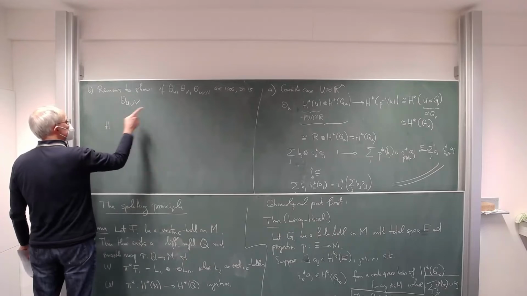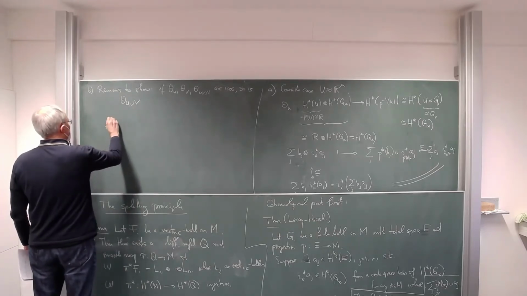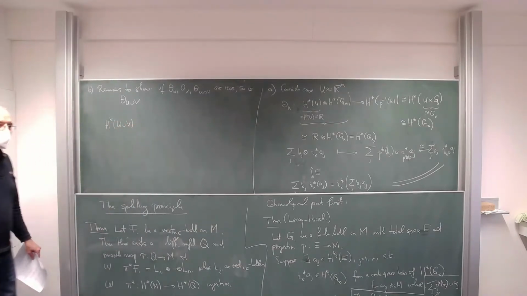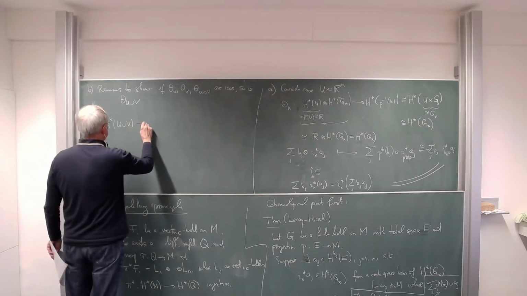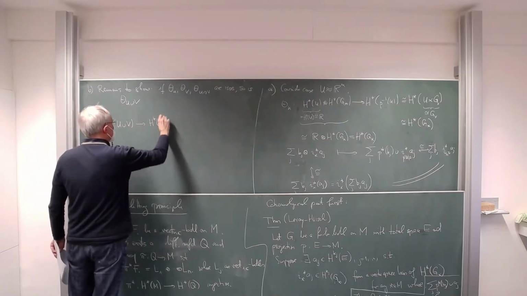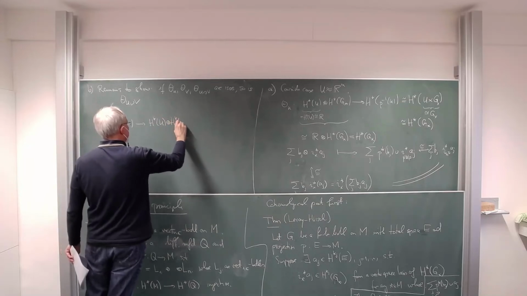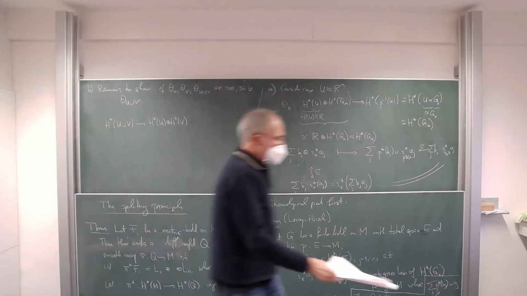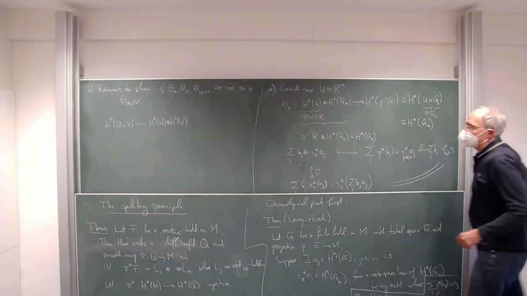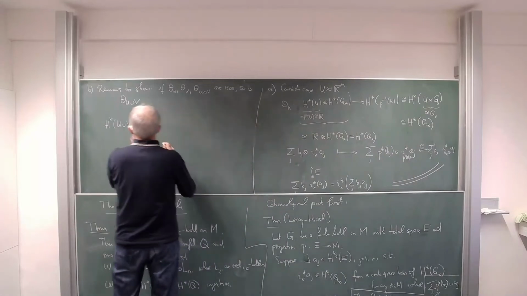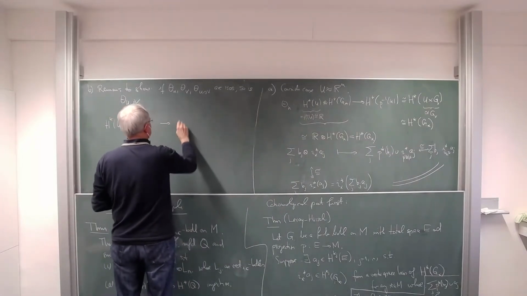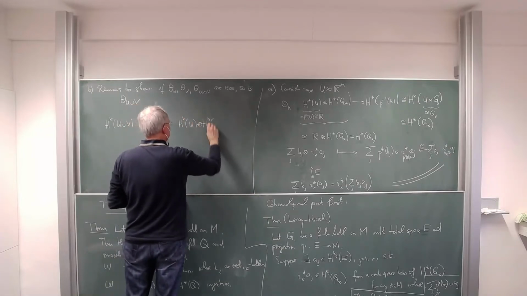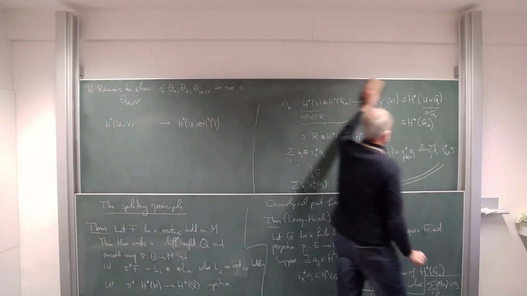So for these subsets U and V, we start with the union, which is what interests us. Then we get to HK of U plus HK of V. Leave a little space here. So the sequence will be pretty long, with more space here.